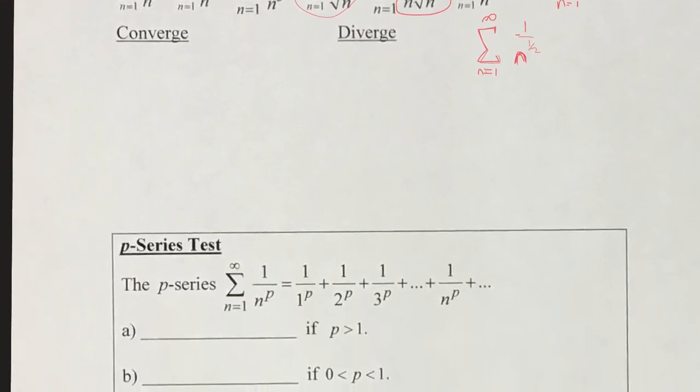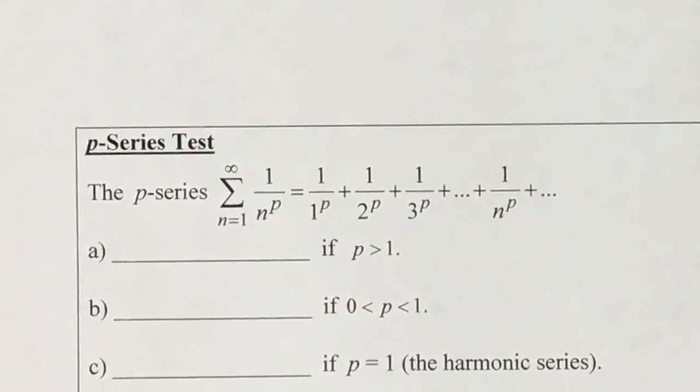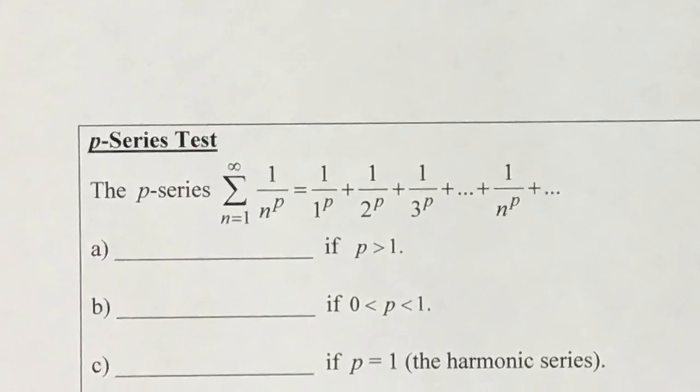Okay, so here are the rules. If we have a p-series and our p value is greater than 1, then our function is going to converge. We saw an example a second ago where we had a p of 3, 1 over n cubed. 1 over n cubed converged. It has a power of 3.